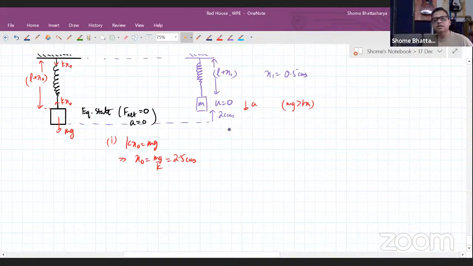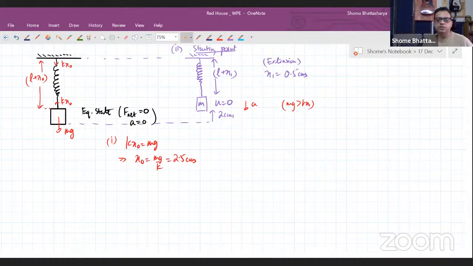So this is the starting of the motion. This is the starting point because your external agent is lifting it up by 2 centimeters and releasing from rest. So at the starting point, the extension of the spring is 0.5 centimeters and the block is at rest.